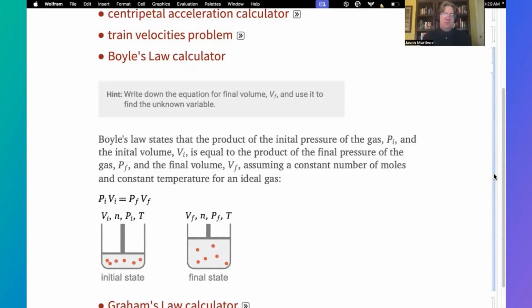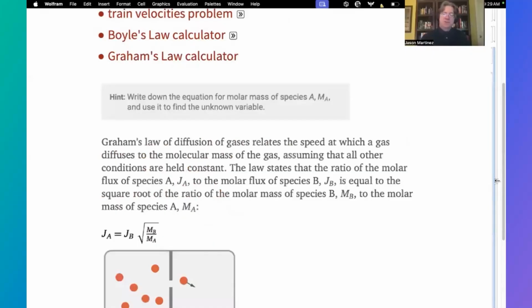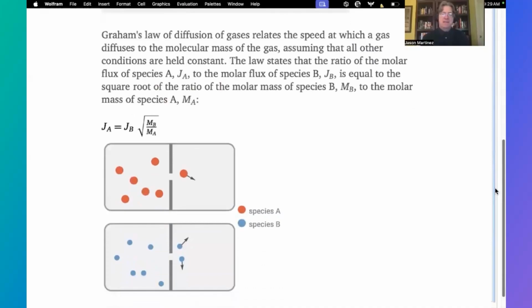And how does that affect the pressure? Or Graham's law, where we have two gases, each of which are escaping from an identical container, but they have different masses. And we want to know the rate at which each gas is escaping relative to the other.